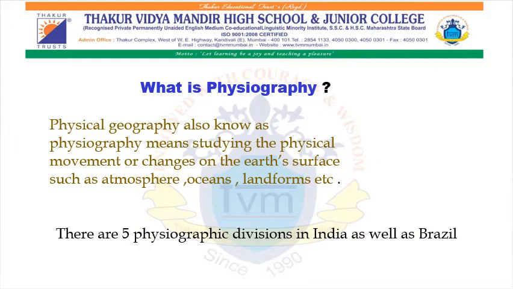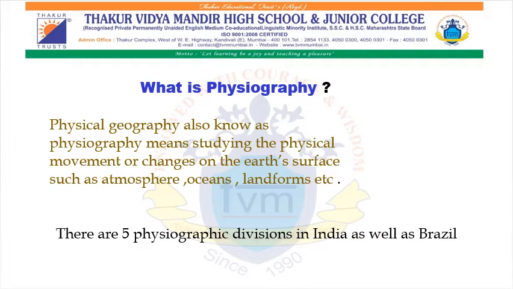Let us try to understand what is physiography. Physical geography, also known as physiography, means studying the physical movement or changes on the earth's surface such as atmosphere, oceans, landforms, etc. Here landform means the different features, that is the mountainous region, the plateau region and the plain region of the country.